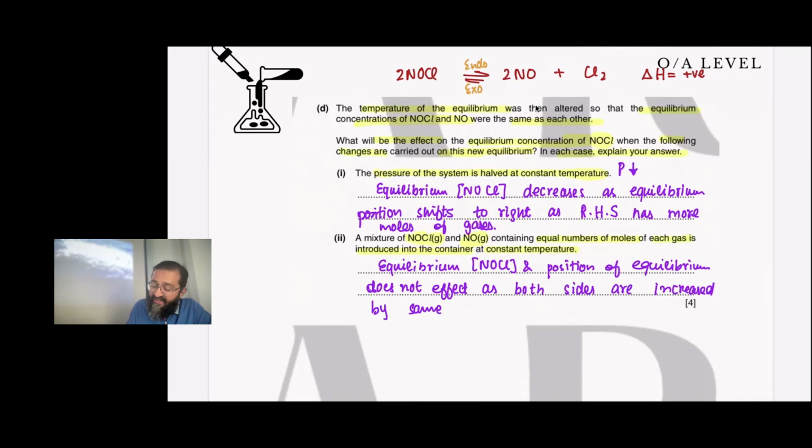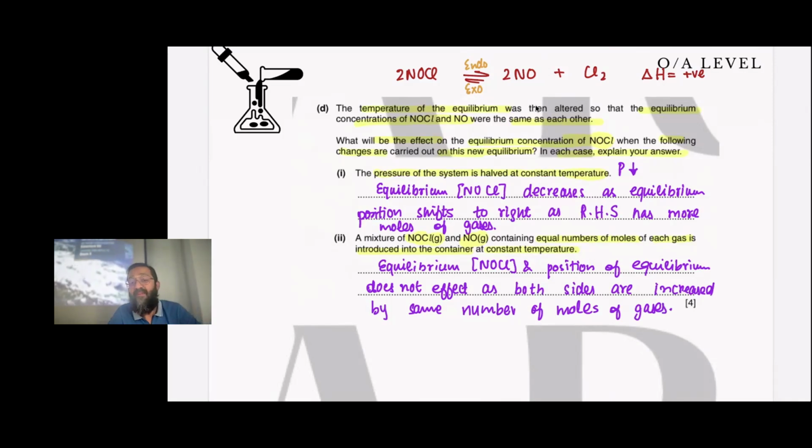So if only one side is increased with the number of moles, or if both sides are increased with different number of moles, then obviously the equilibrium position would shift to either side to minimize that change. But right now, as both sides are increased by the same number of moles of gases, it will not be able to shift the position or change the concentration of NOCl. They both remain same. Is this clear?